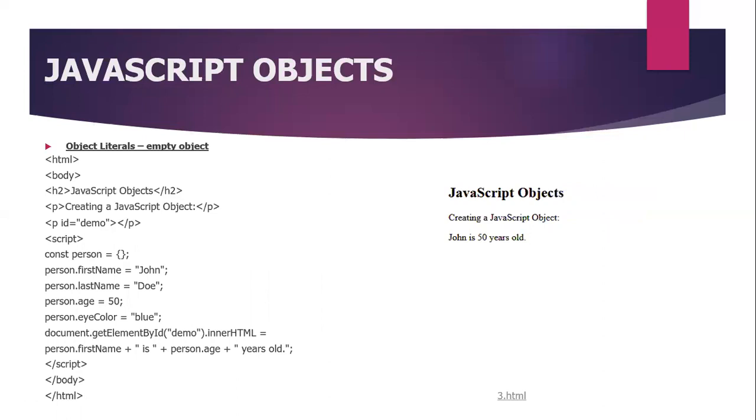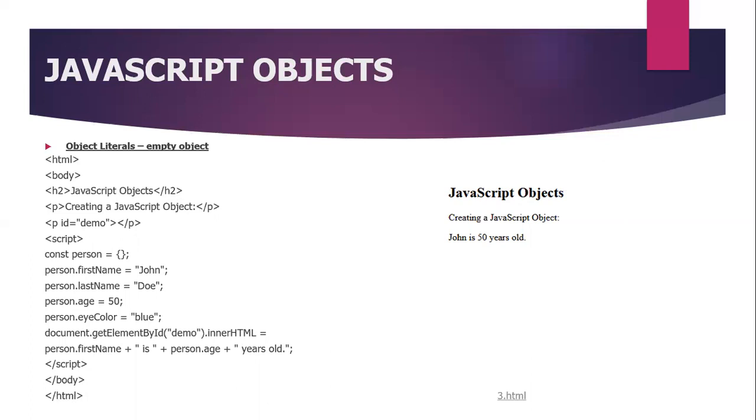Next is JavaScript objects created using empty objects. Here I'm creating an empty object, which means I'm not assigning values while creating the object. So const person is equal to an empty value. Then I'm assigning the values: person.firstName is equal to John, person.lastName is equal to Doe, person.age is equal to 50, person.eyeColor is equal to blue.